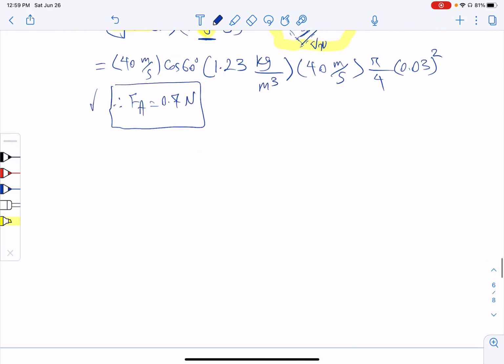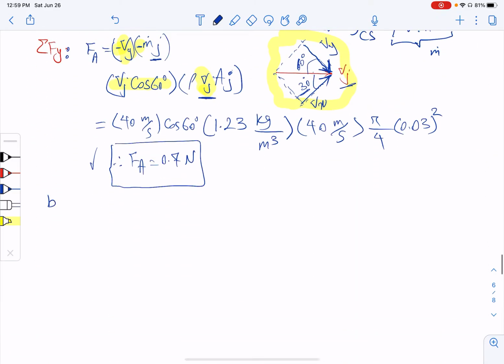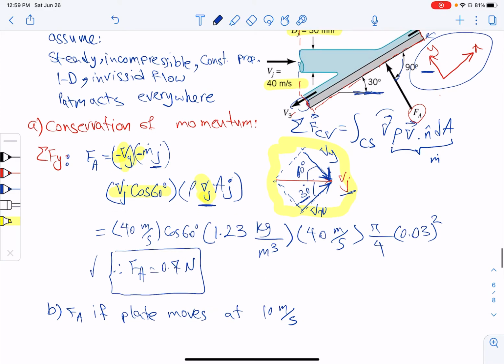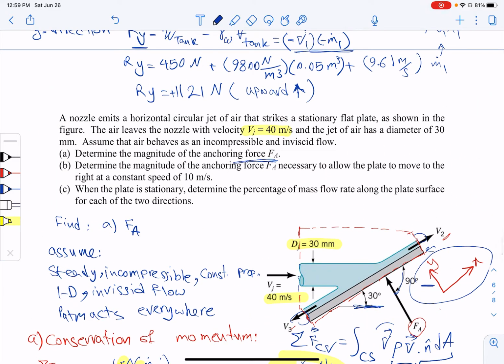second velocity. So part B, I want to find Fa if the plate moves at 10 meter per second, right? So when we say that the plate moves at this, it means that my control volume is moving.